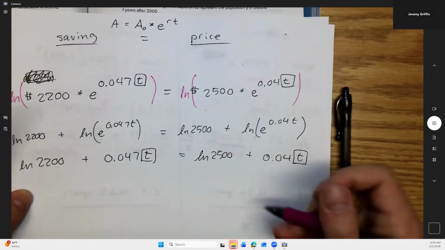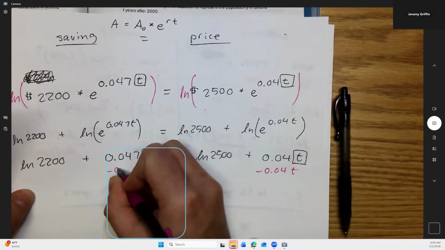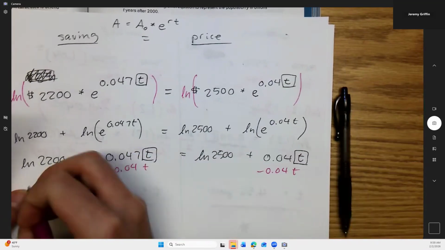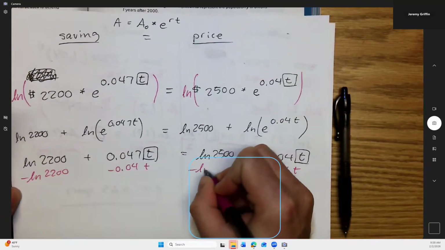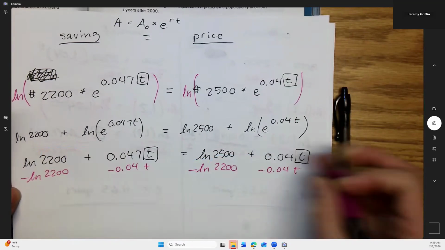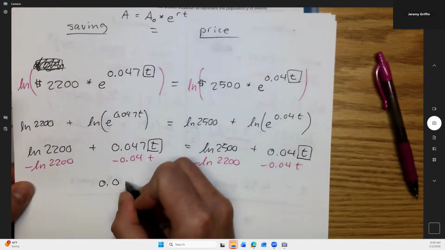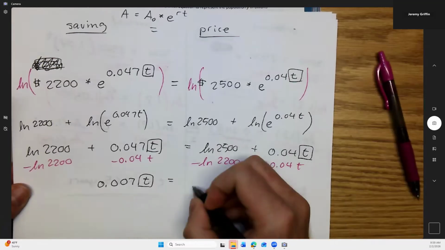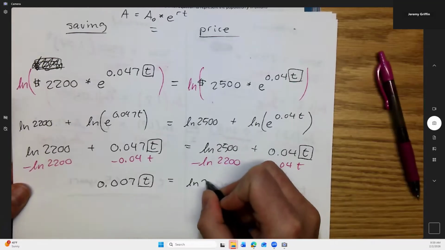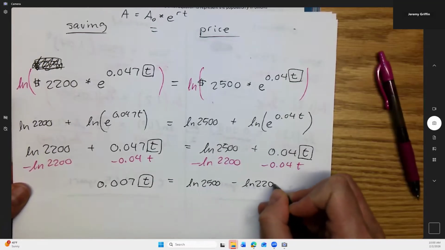So let's subtract off 0.04t from both sides. And I'll also subtract off natural log of 2,200 from both sides. Okay, like that. And that's going to give me 0.007t is equal to natural log of 2,500 minus natural log of 2,200.